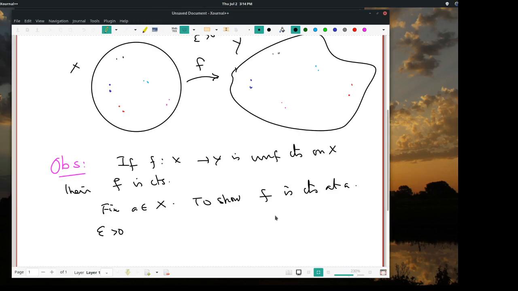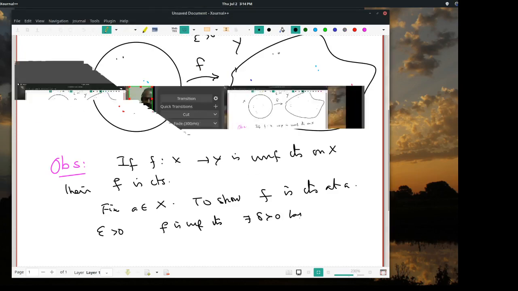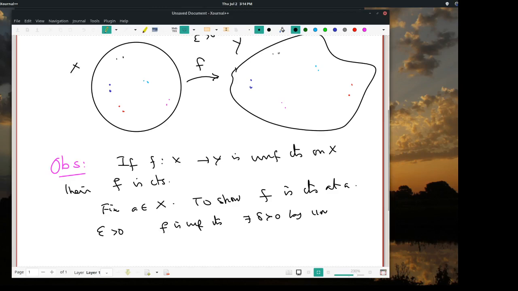What delta will I choose? Since epsilon is given and f is uniformly continuous, by definition there is a delta corresponding to the epsilon.